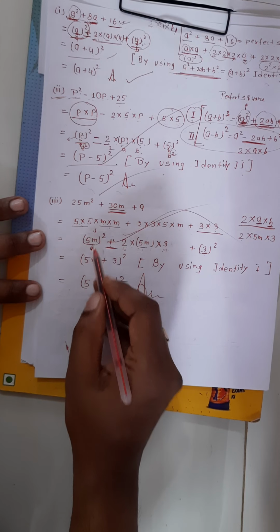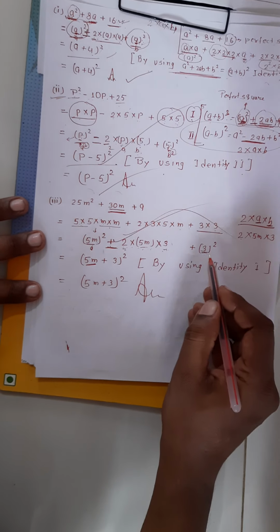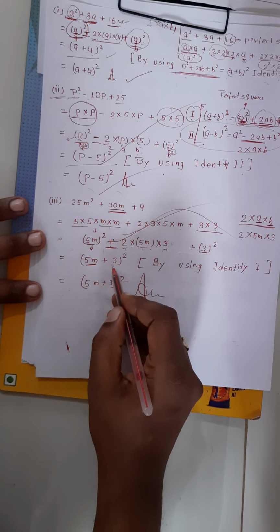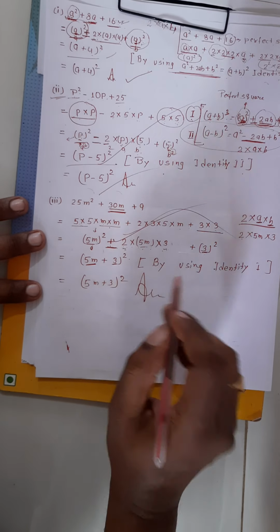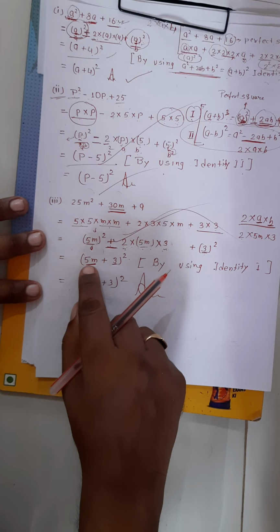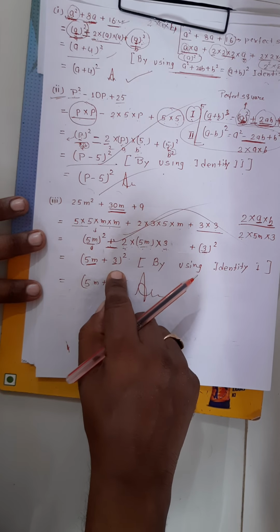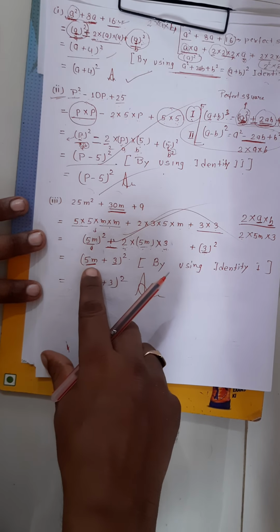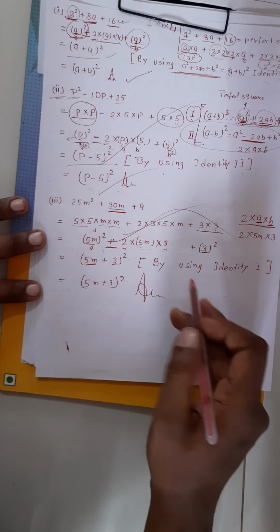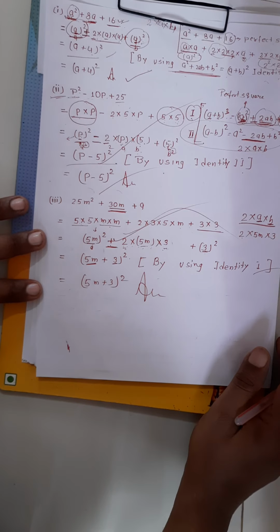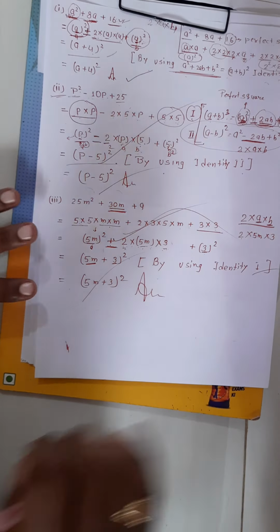Value of a is 5m, so 5m, and value of b is 3, so here we write 3. Okay, and whole square, and there is plus sign with a and b. So our value becomes whole square of 5m plus 3 by using identity number first. Okay, so completed.